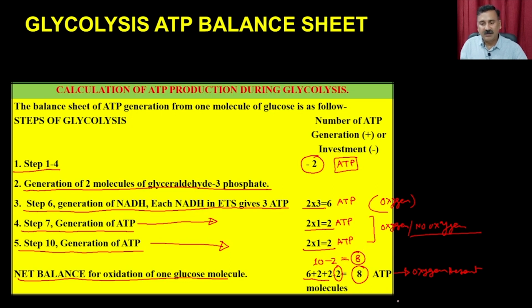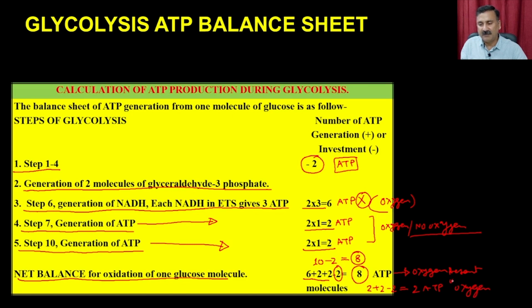But if the oxygen is not present, then how much are you going to get? You are going to have no production of ATP in this step, right? And in that case, you are going to have 2 plus 2 minus 2, that is 2 ATP molecules if the oxygen is not present.